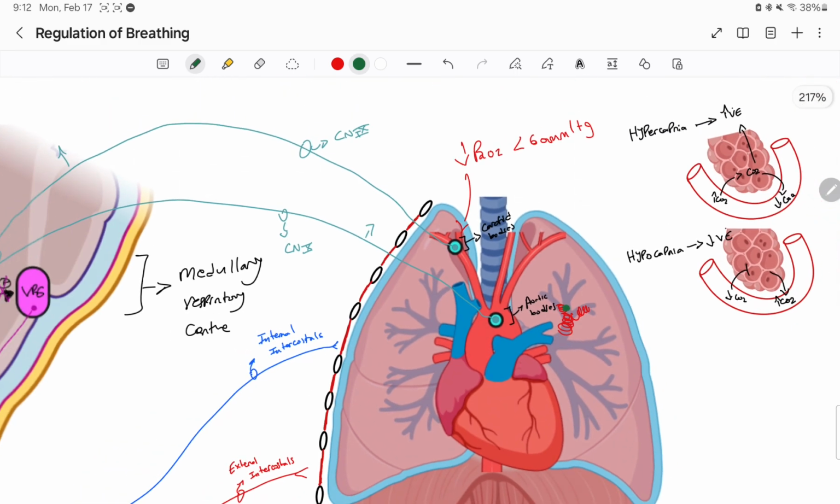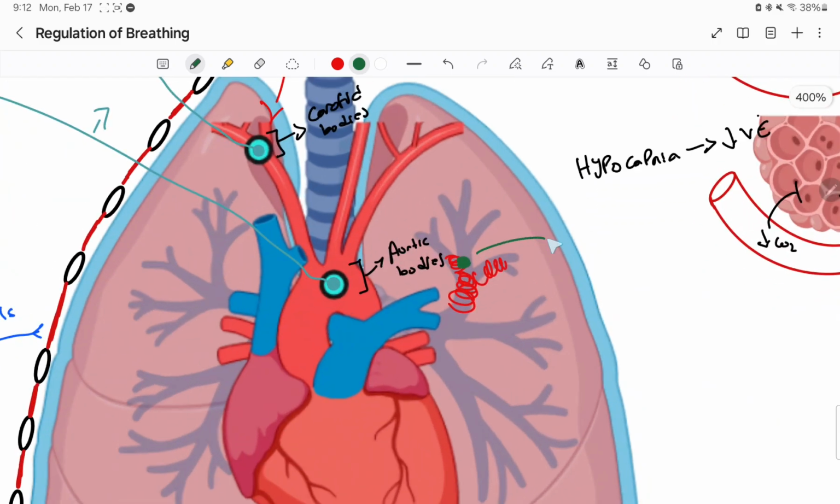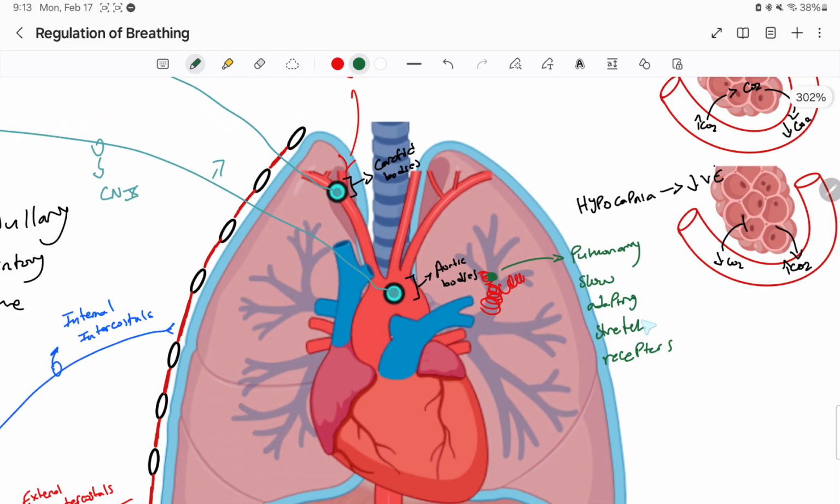And these pulmonary receptors are attached to a nerve. But really, they have a specific name. They're actually called pulmonary slow adapting stretch receptors. Man, that's a hell of a name. But what does it mean? It just means that they sense stretch.